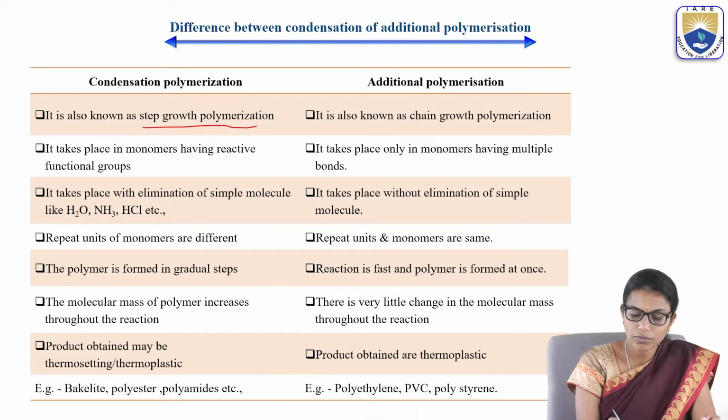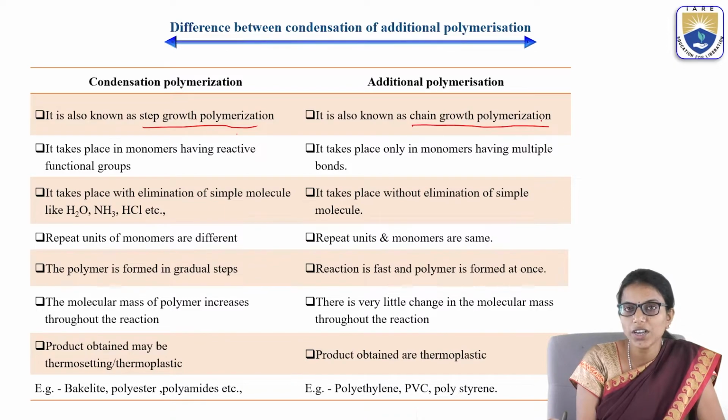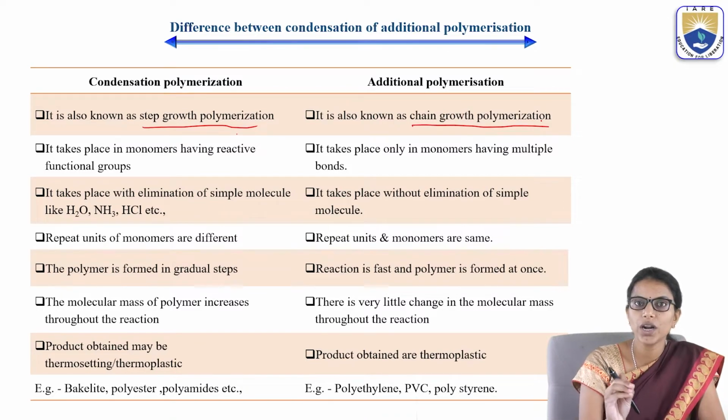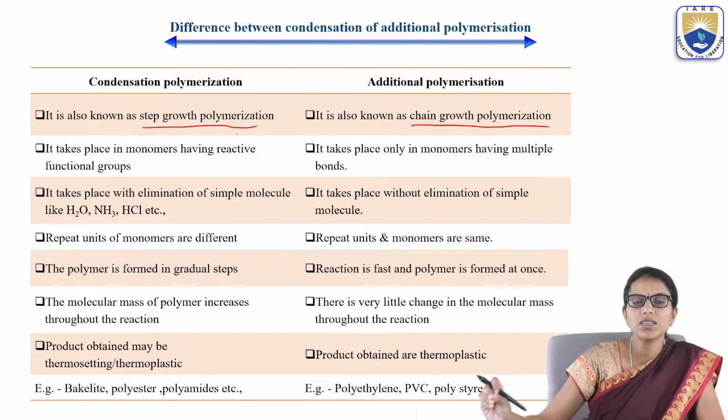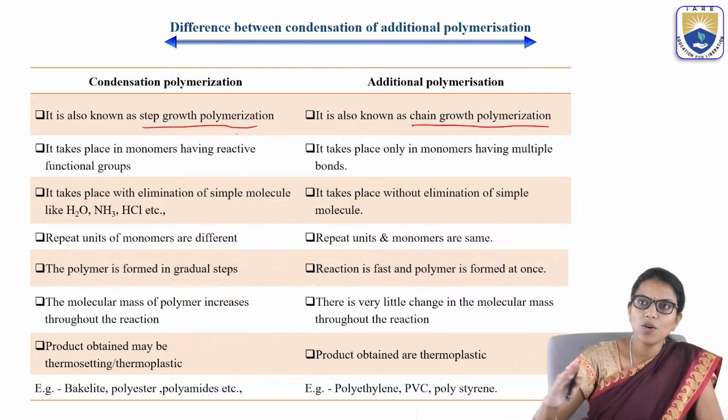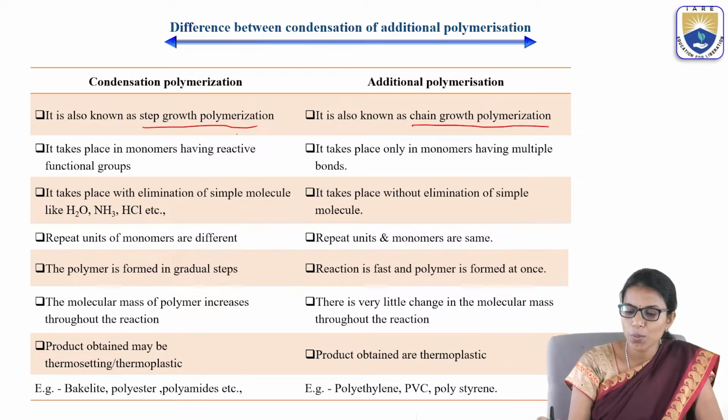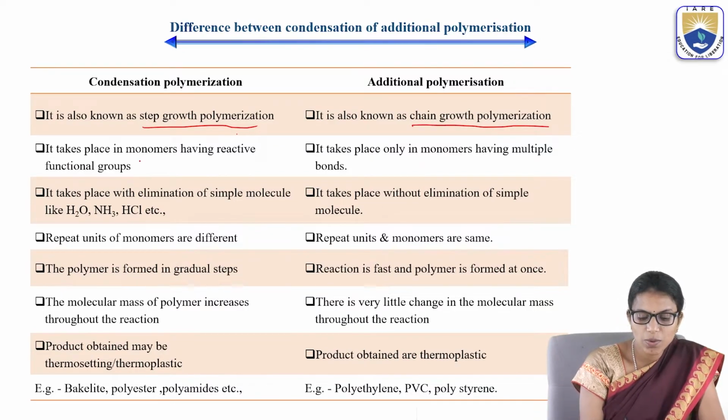So this is known as step growth polymerization, while addition polymerization is chain growth. Here we take only one type of molecule, and it is formed like AAA. This type of polymer is known as an addition polymer. Condensation takes place in monomers having a reactive functional group.